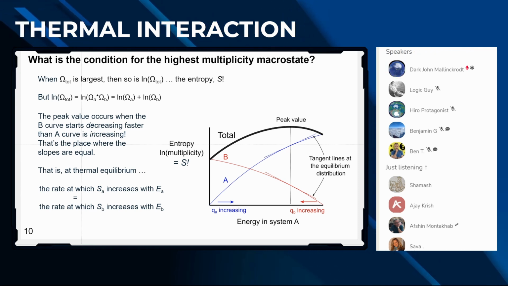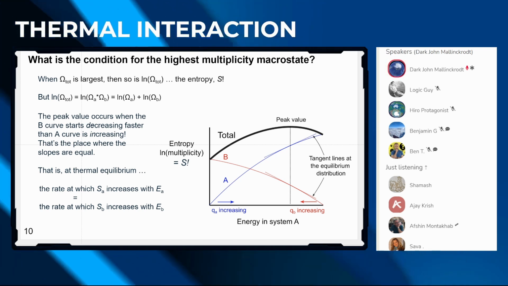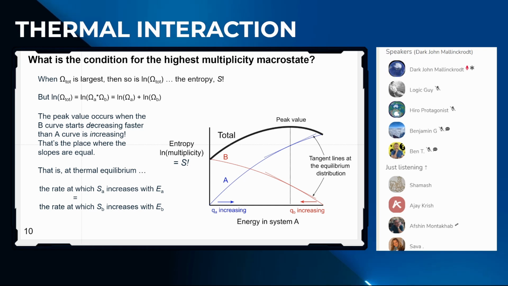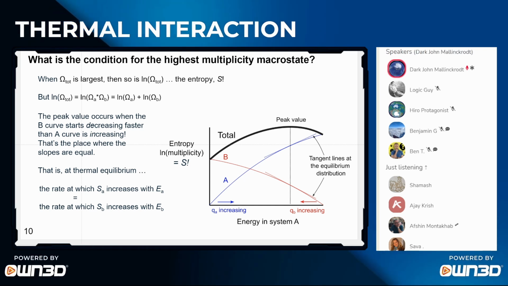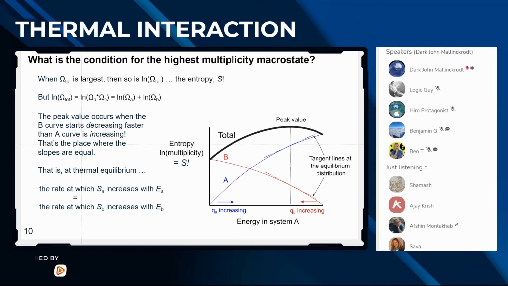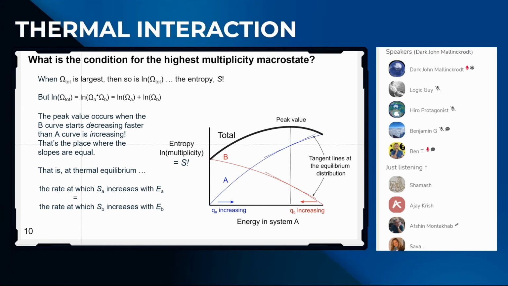All of these things are calculus ideas, but I wanted to say them in just normal terms, because you really can't understand this just by understanding that the total entropy is the sum of the two entropies. The place where it peaks is the place where one entropy stops increasing faster than the other is decreasing. And that's exactly what we find when we find the place where the slopes are the same.